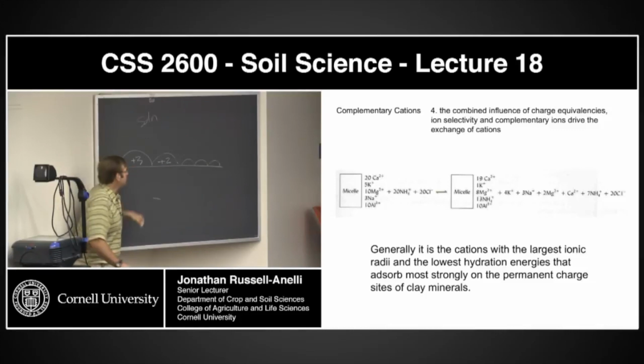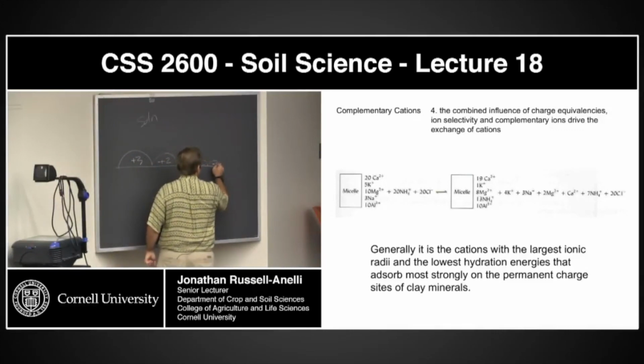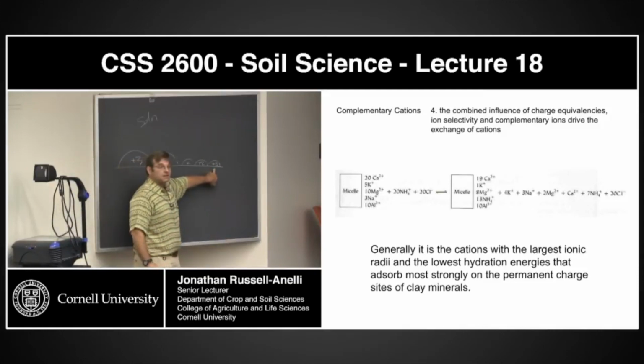Right? Okay, how about this, though? Which one's going to be more likely to be held there? This guy. This has got the charge benefit, right? It's got the same shells as these guys, but it's got a higher charge.